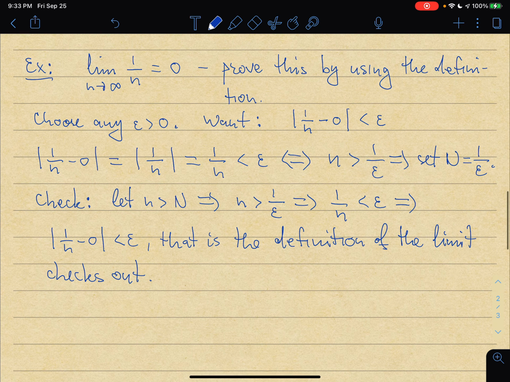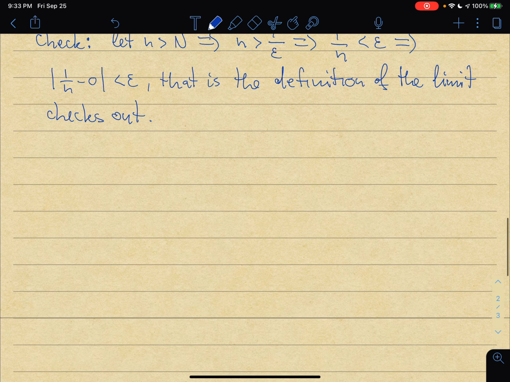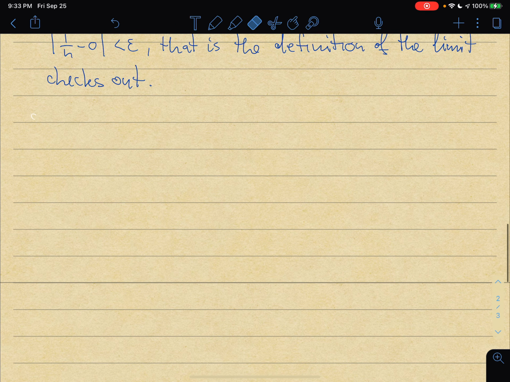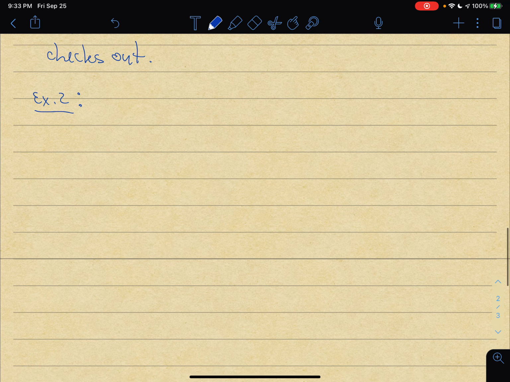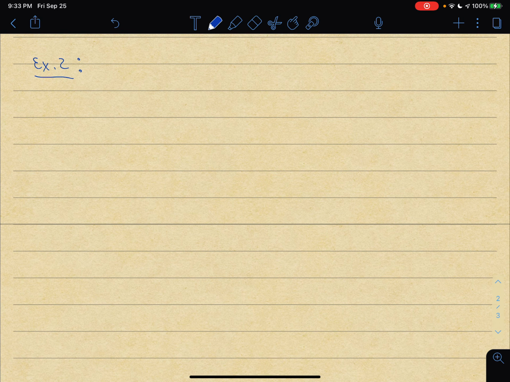Okay, let's do example number 2. Now, let's do the same thing for the following problem.